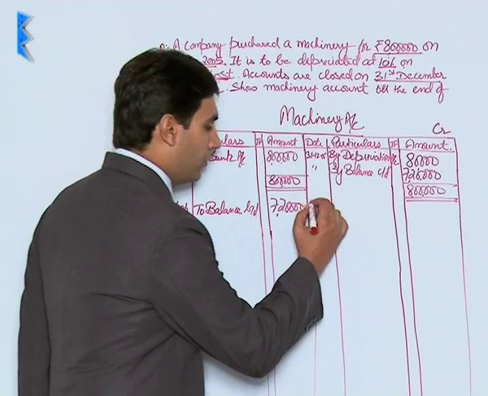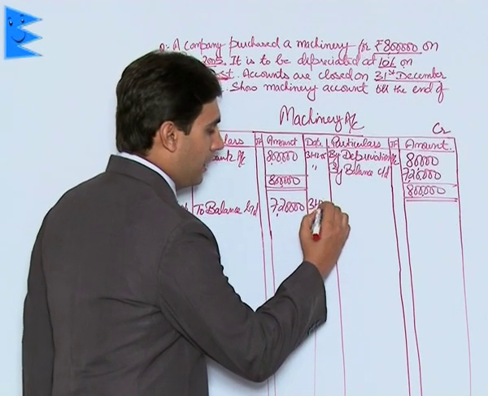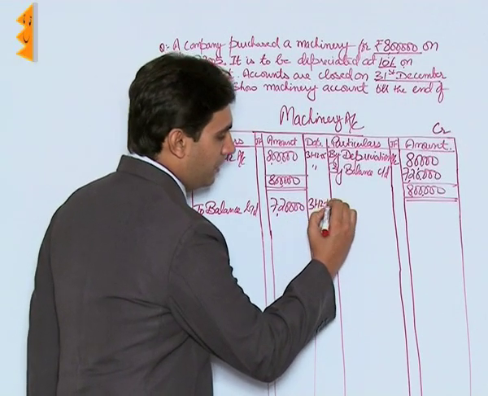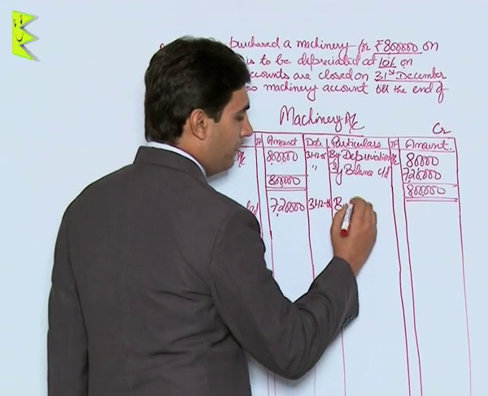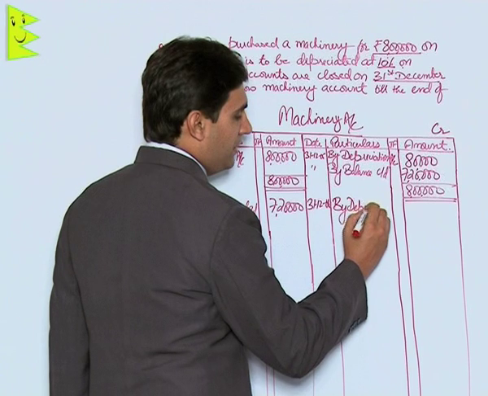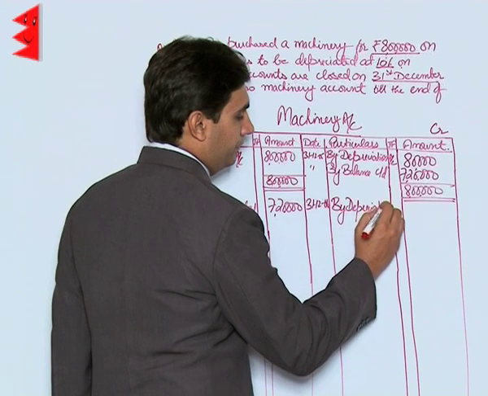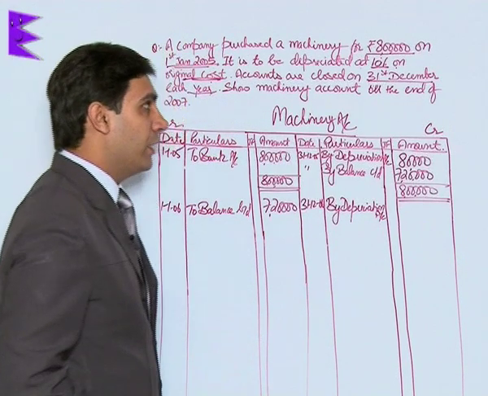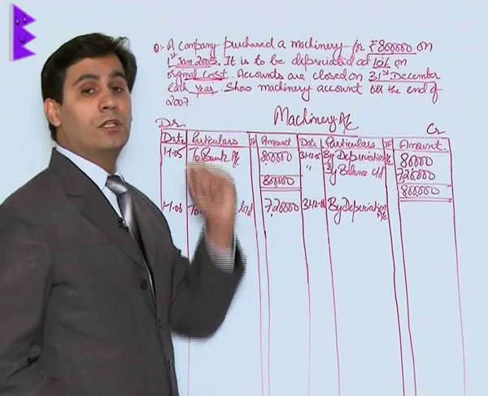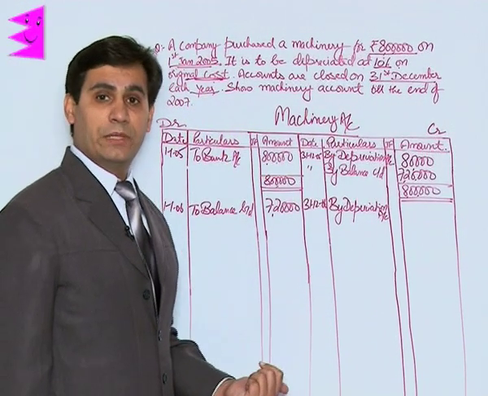So depreciation would be charged for the whole year on 31st December 2006 and the entry would be, our posting would be by depreciation account. Now remember, it is 10% on original cost. So original cost is straight line method.